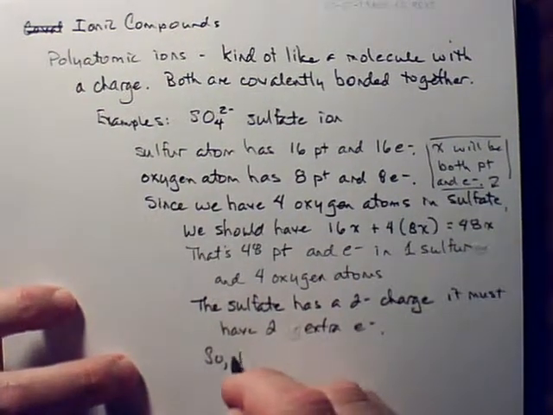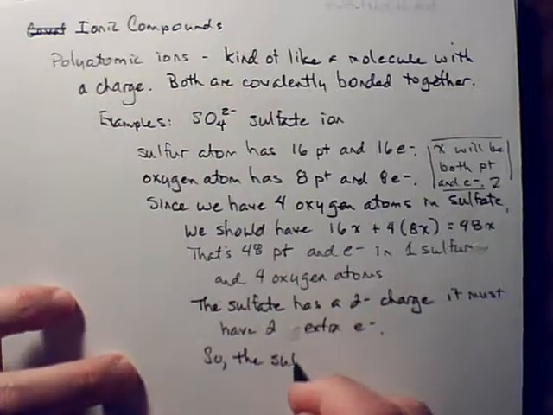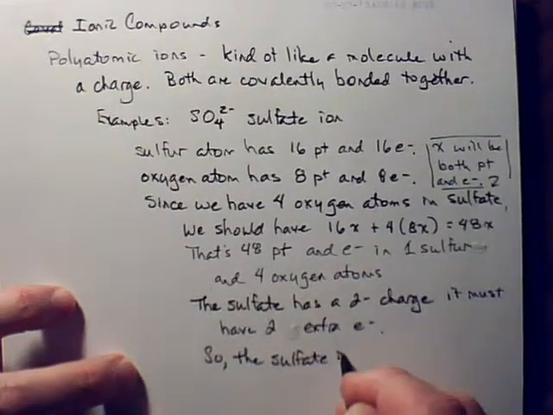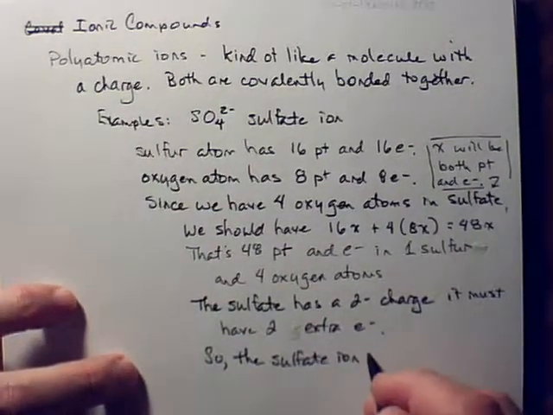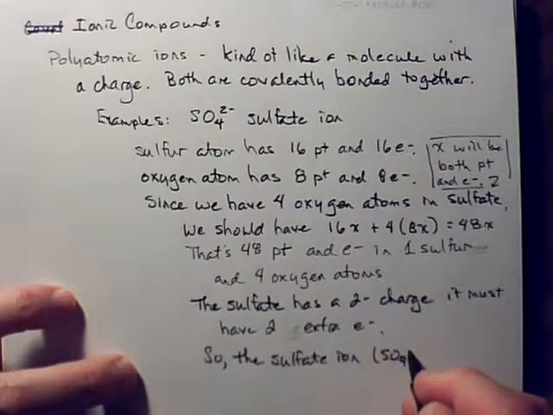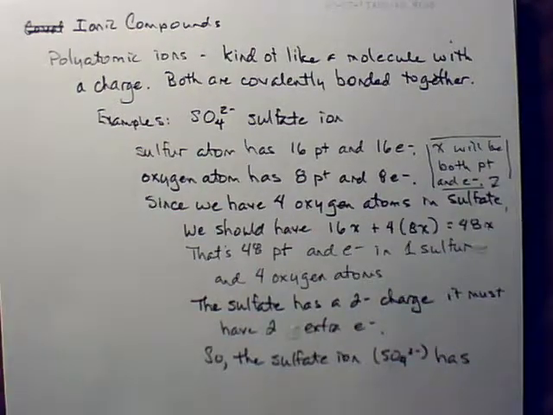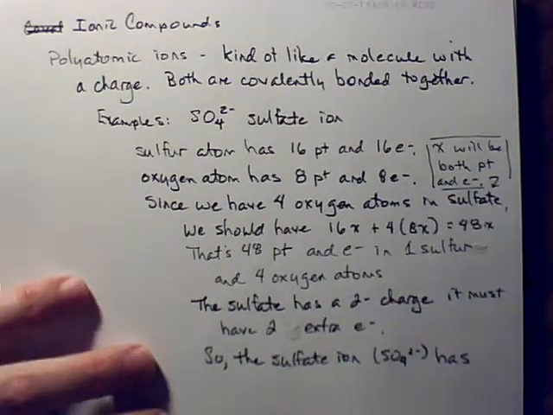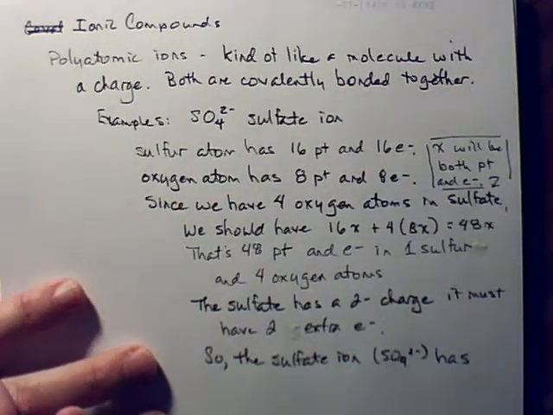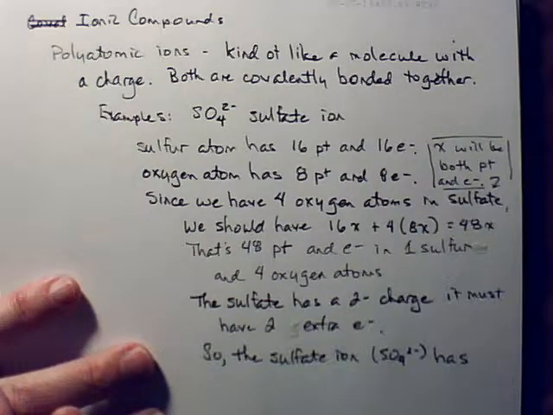So the sulfate ion, SO4 2 negative, has how many protons? Look at what we wrote and answer my question, please. How many total protons does the sulfate ion have?